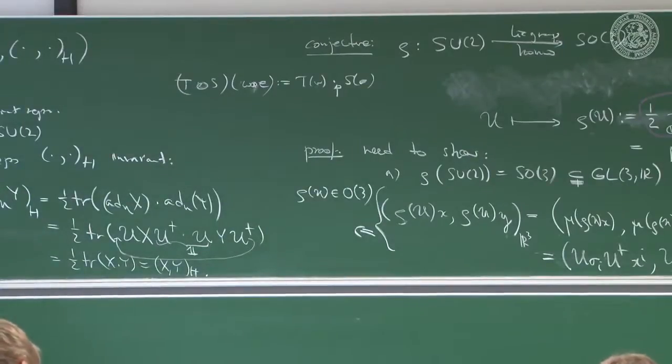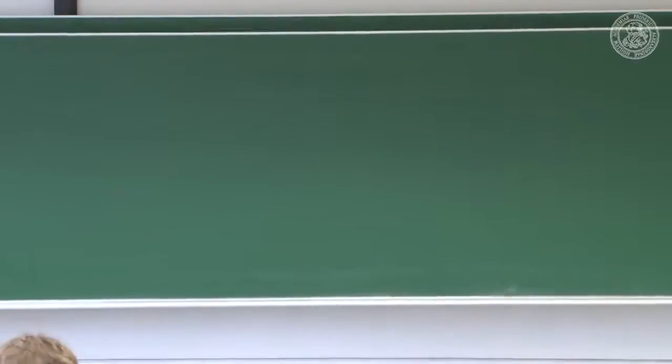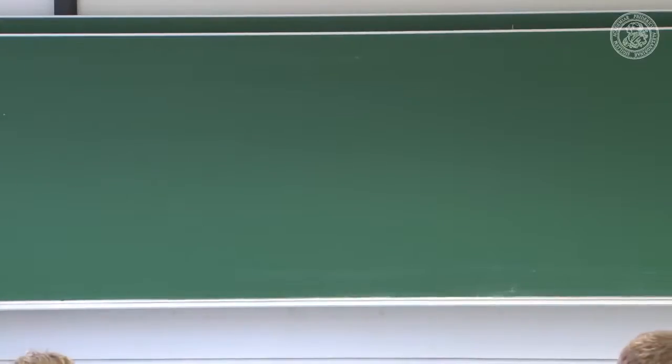In order to show that it's SO3, you also have to calculate the determinant. To show rho of u lies in SO3, show that the determinant of rho of u, so this is now the determinant over real 3×3 matrices, is 1.